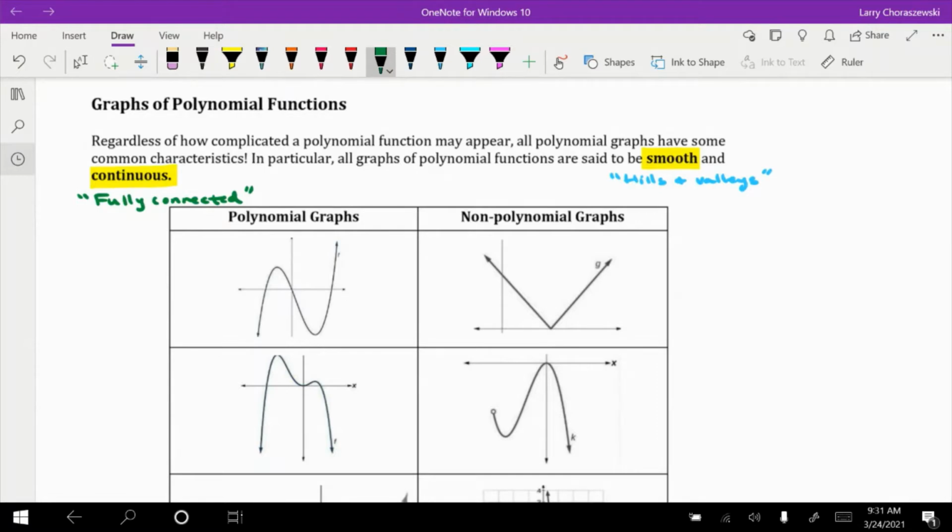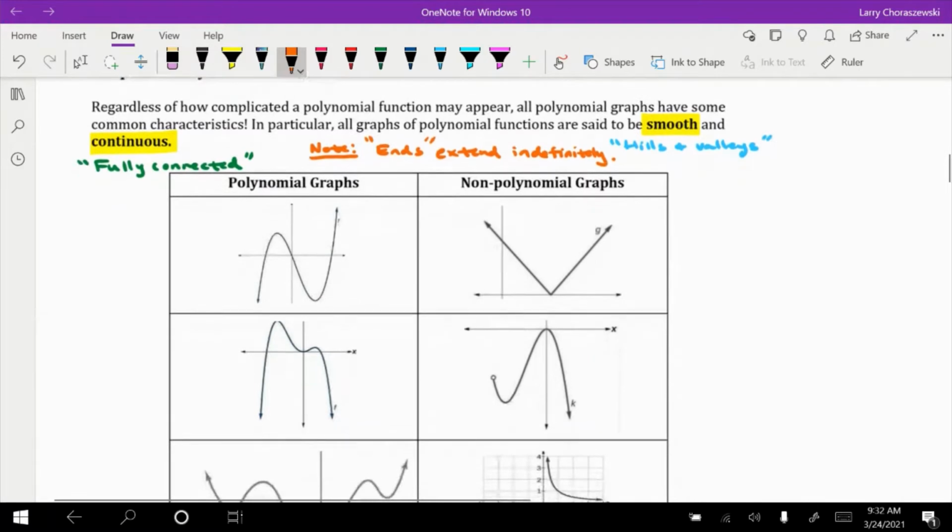And every polynomial function graph is going to have ends, okay? And the ends of a polynomial function graph extend indefinitely. So I want to include that as maybe an additional note. We'll say the ends extend indefinitely. So that's perhaps a third hallmark of polynomial function graphs.